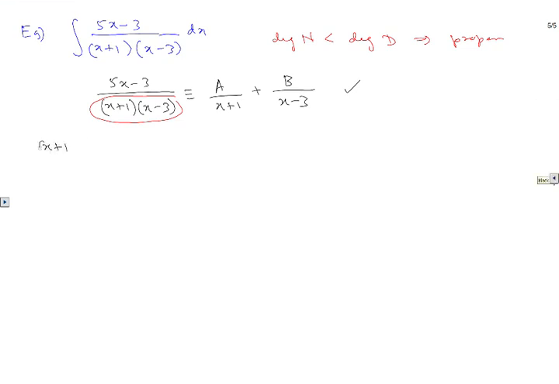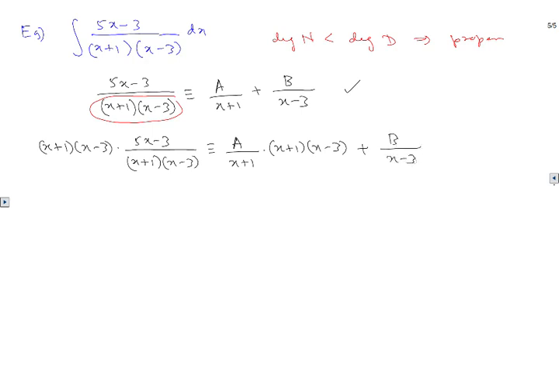So you multiply both sides by x plus 1, x minus 3: (x plus 1)(x minus 3) times (5x minus 3) over (x plus 1)(x minus 3), and on the right side we multiply the first term and do the same thing with the other term as well.